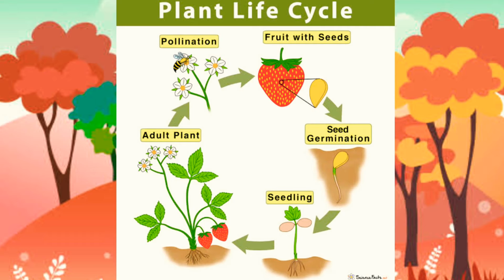The mature plant produces flowers, which are fertilized and produce seeds in a fruit or seed pod. The plant eventually dies, leaving seeds which germinate to produce new plants. Or in other cases, the plants will bear fruit, then the seed will come off the fruit and go back to another cycle.